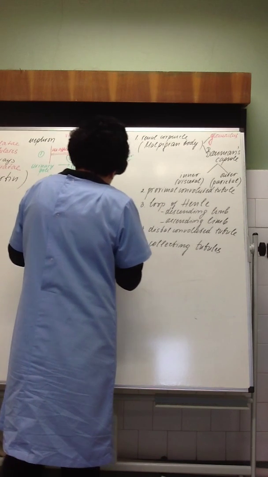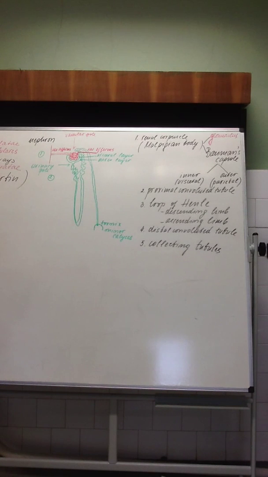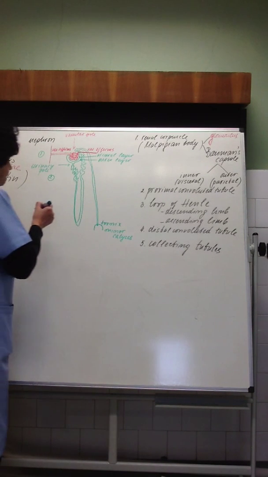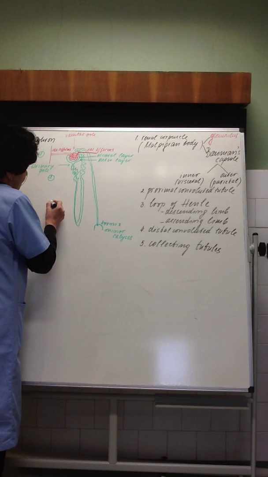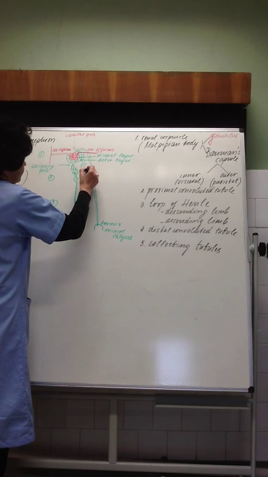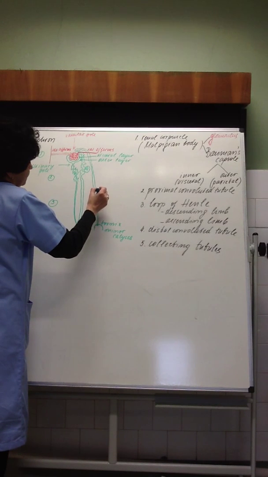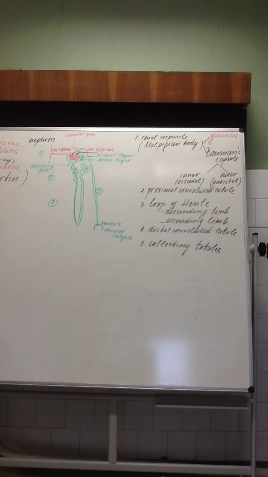Calyces. Distal convoluted tubules, and these are collecting tubules.